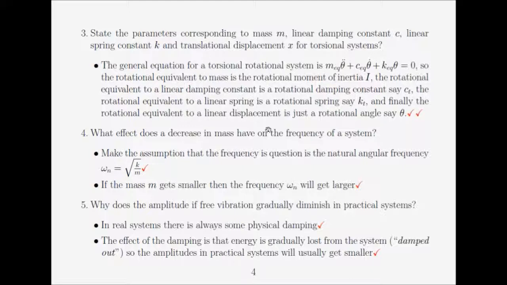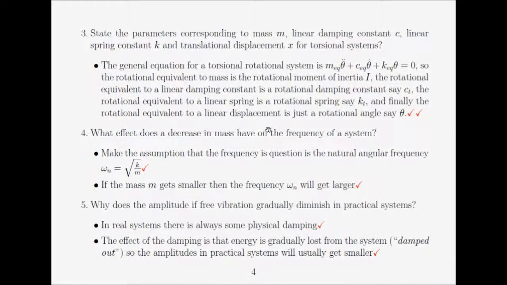The next part of the question states, what effect does a decrease in mass have on the frequency of the system? In other words, if m is equal to 2 kilograms and then m goes down to 1.73 kilograms, what effect does it have on how the system oscillates? When you say frequency, it is typically in units of hertz.